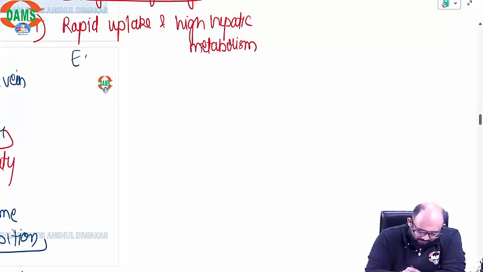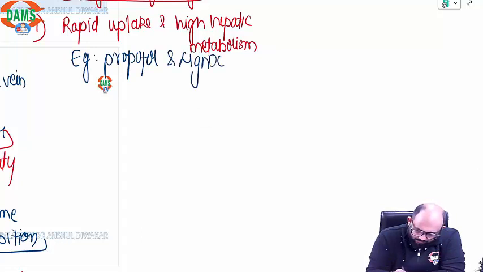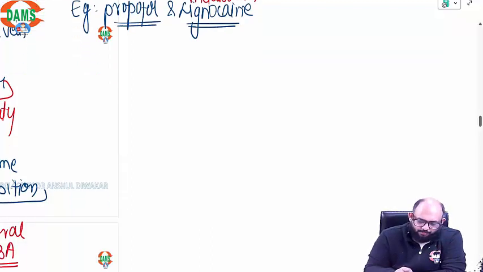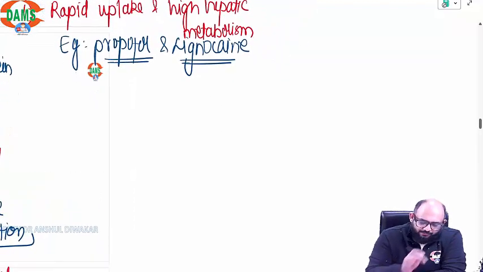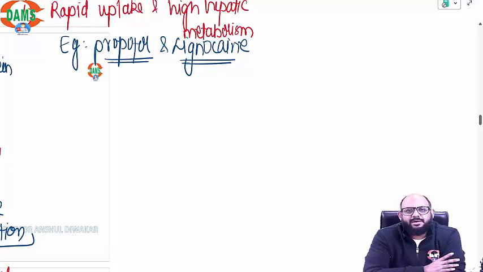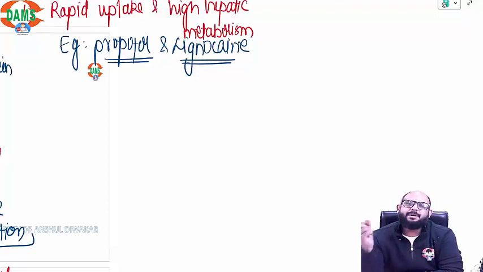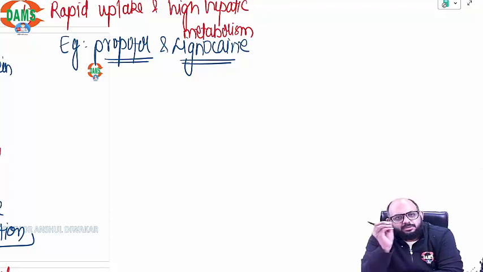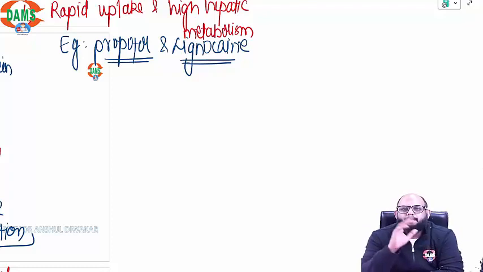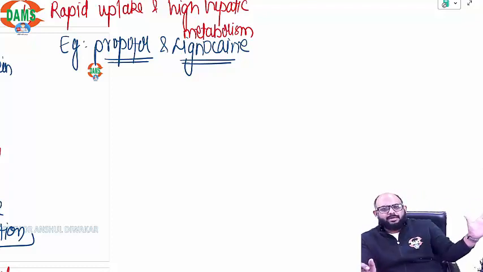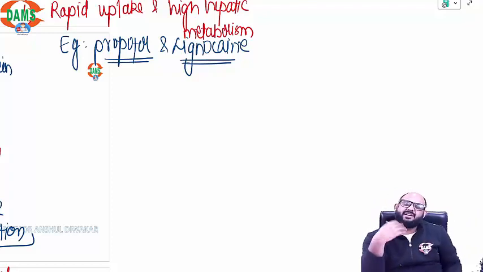Examples of these drugs are propofol, lignocaine. So they are very high in uptake in the hepatocytes, as well as they are getting very fast metabolized. So here the drug concentration will be independent of protein binding. It will only depend on hepatic blood flow, because the drug will get into hepatic circulation very fast and very fast metabolism.